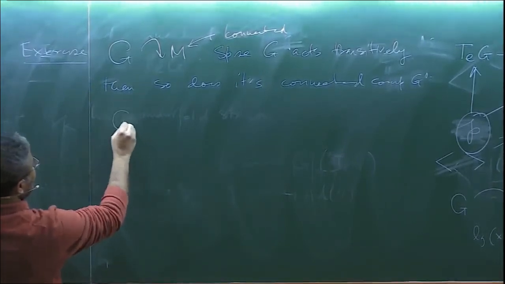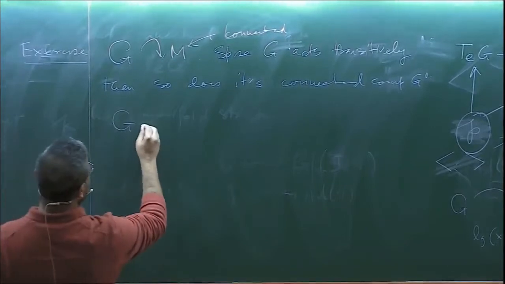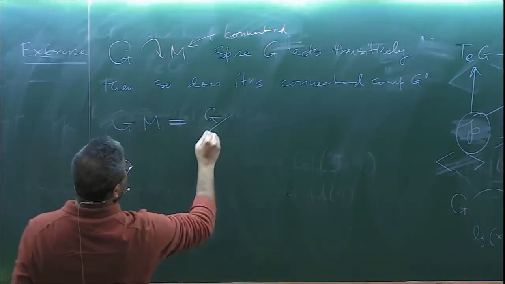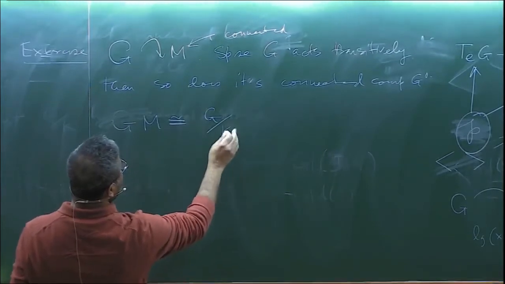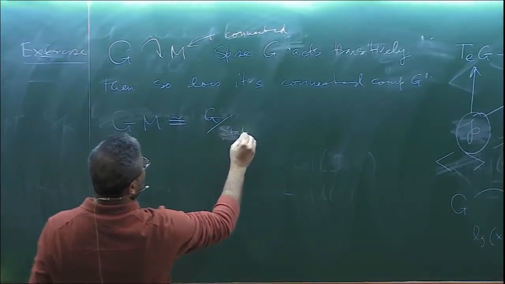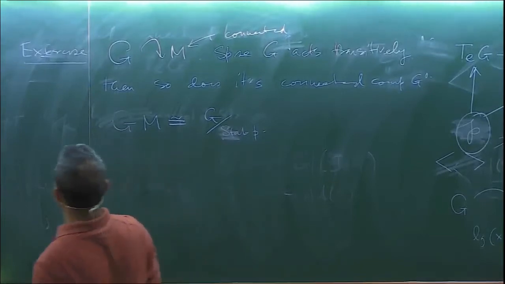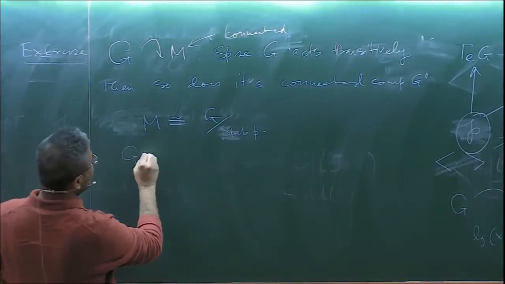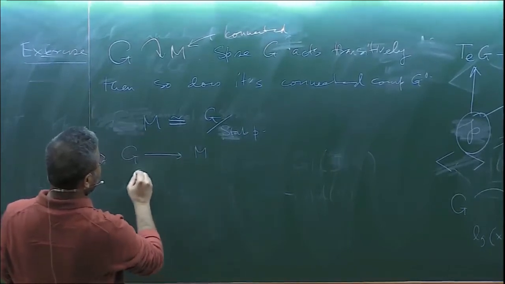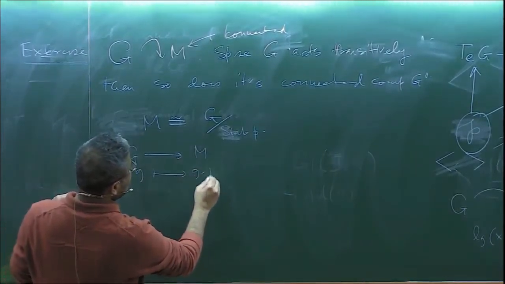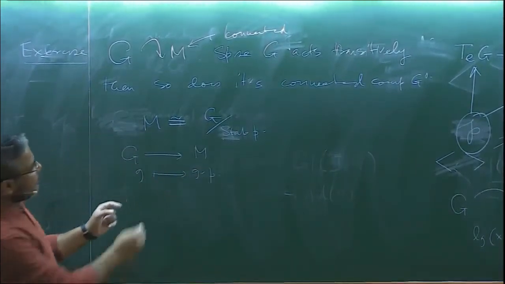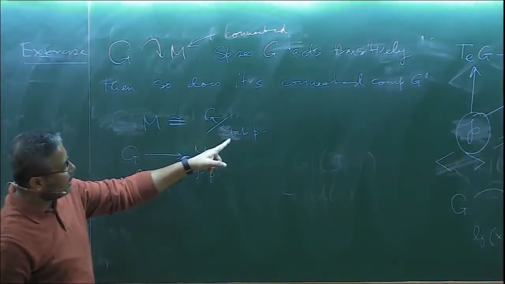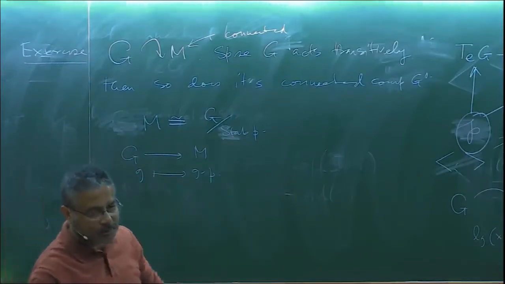I'm just giving an idea of this. You can just see that M is going to be diffeomorphic to G mod the stabilizer of a point p. So the orbit map G going to M, g going to g p, is an open map because this is a diffeomorphism, and G by stabilizer of p, the coset map is an open map.